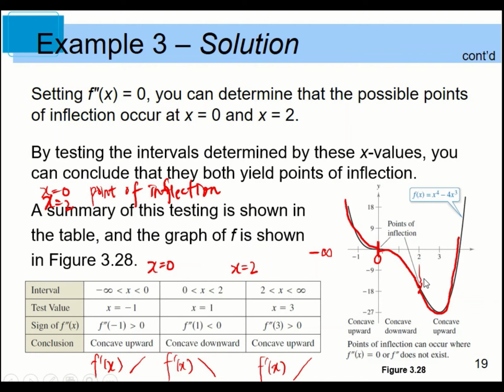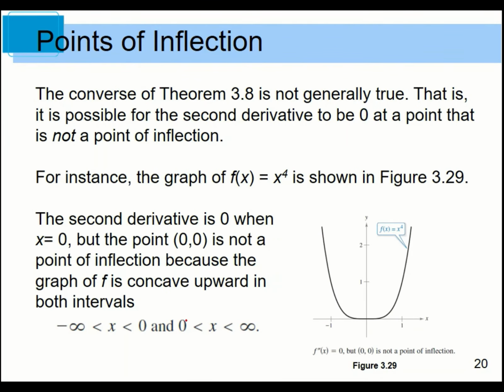From here, I want to highlight that we can remember this relation: when f double prime is positive, it will be concave upward, and when f double prime is negative, it will be concave downward.